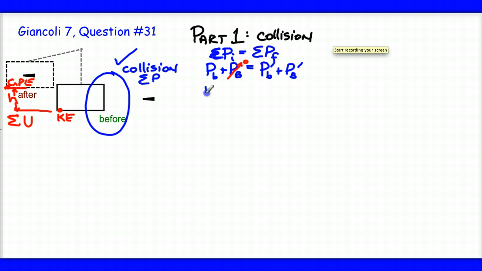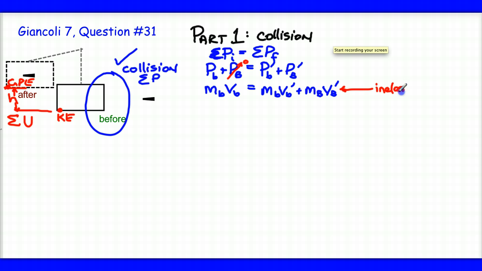In the next step, I'll take each one of these terms and separate them out into their parts. So I have the mass of the bullet times the velocity of the bullet is equal to the mass of the bullet times the velocity of the bullet after the collision plus the mass of the block times the velocity of the block after the collision. Of course, this is an inelastic collision.